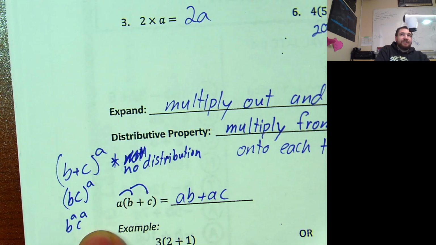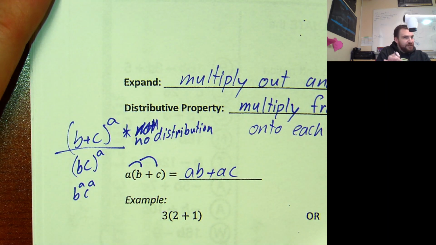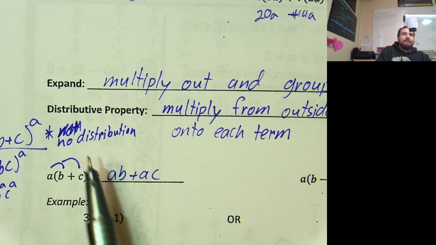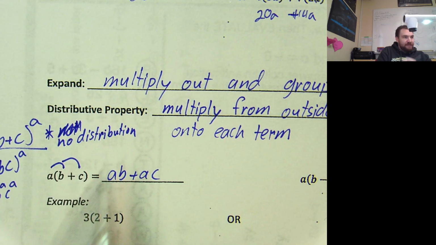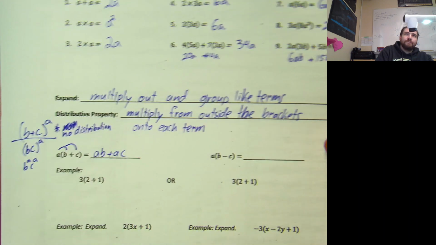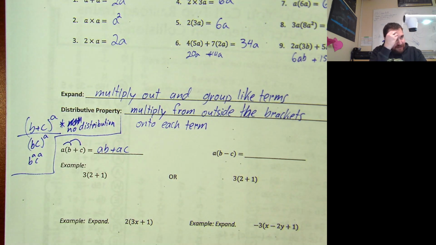In the context of exponents, this is how it would look. In the context of algebra, when I'm using the distributive property with multiplication, I take my thing that I'm multiplying out front, and I have to make sure that it multiplies onto each term. So we've used that language in two different places. We're using it slightly differently, which is why I try to make the point I'm trying to make over here.